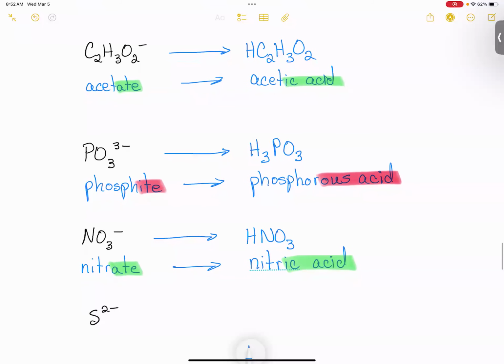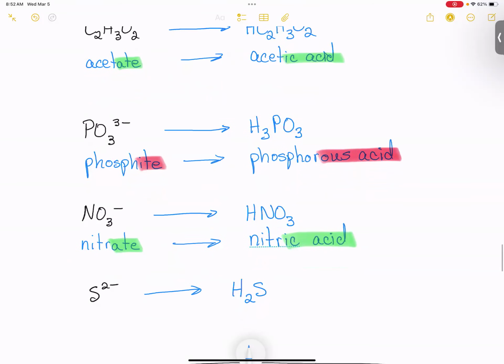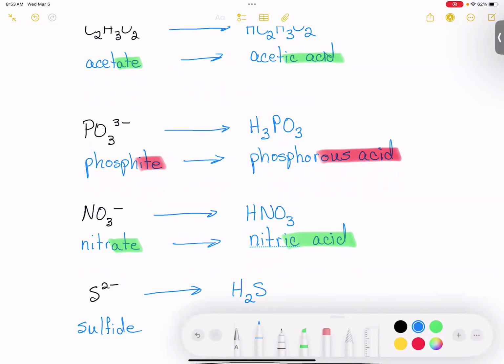The last one, the acid form is going to have 2 hydrogens because the anion has a 2- charge. The anion is sulfide, with the ending IDE.